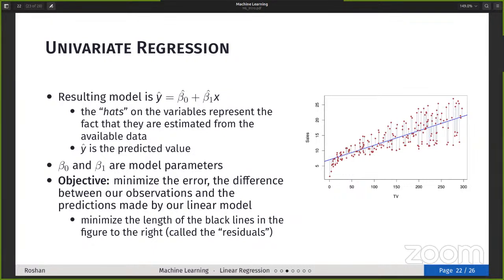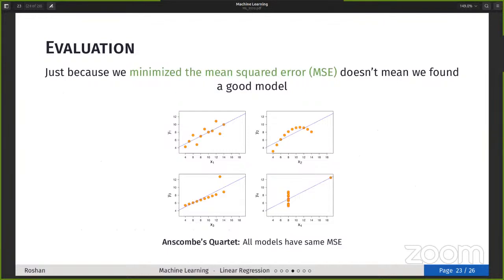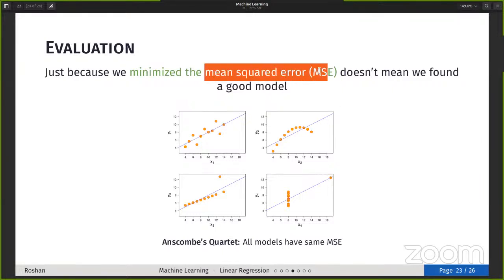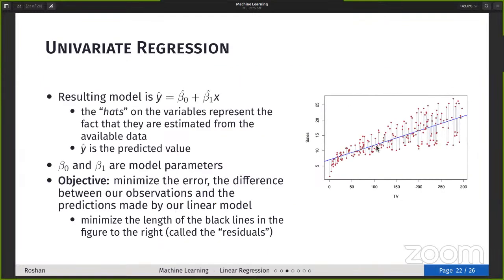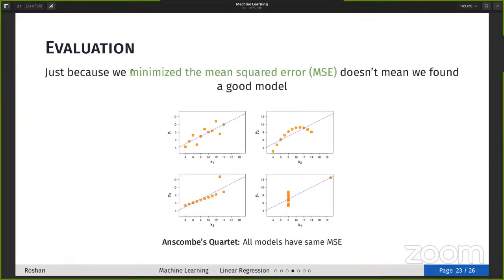And how do I evaluate whether this model is actually good or not? I use something called the mean squared error. Again, this is the distance between this point and this line, the vertical distance. I want it to be as low as possible if I want to find a good model.